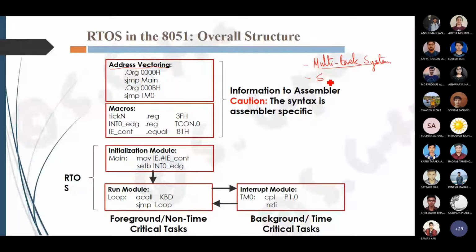Now, why is this so? Because of the single ALU. So we have a single ALU, and that ALU should be used for all the operations, whether it is arithmetic or so, and therefore we have to go for time multiplexing, time and ALU multiplexing.